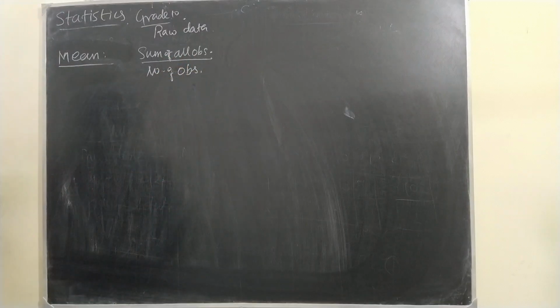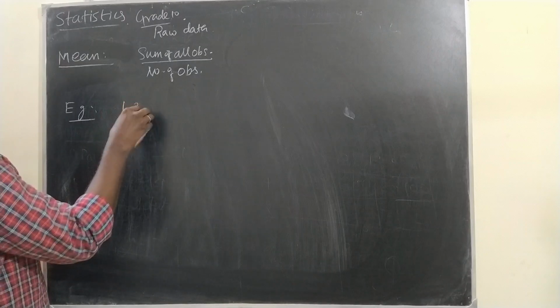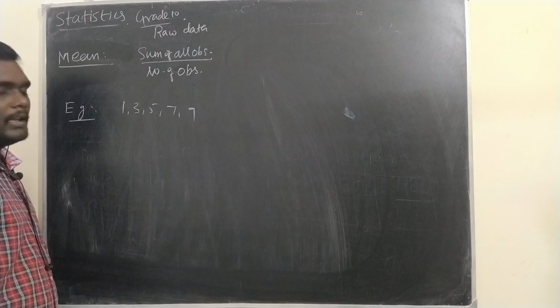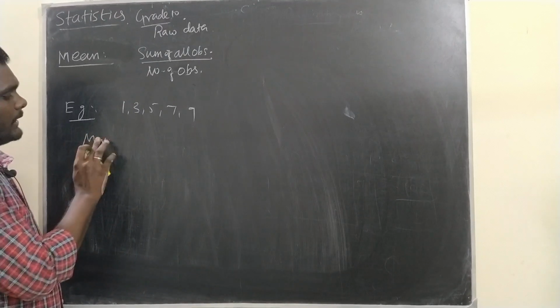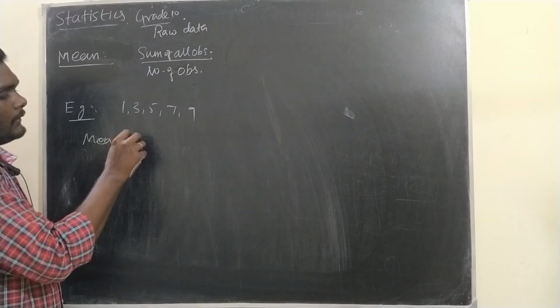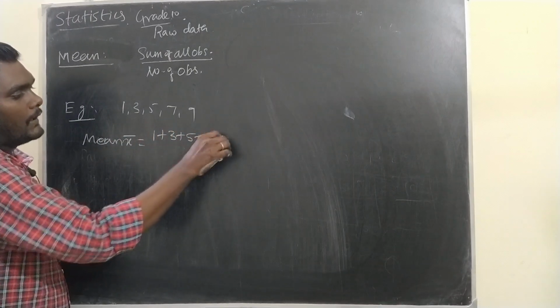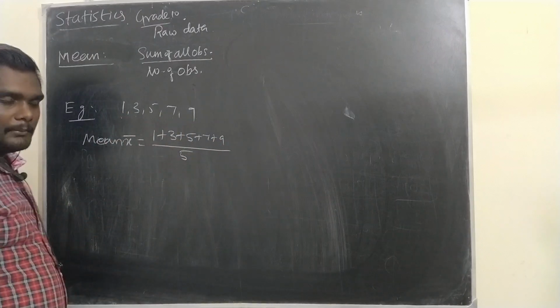For example, take these numbers: 1, 3, 5, 7, 9. How do you calculate the mean for this? The mean is denoted by x bar. 1 plus 3 plus 5 plus 7 plus 9, divided by how many numbers? 5 numbers.